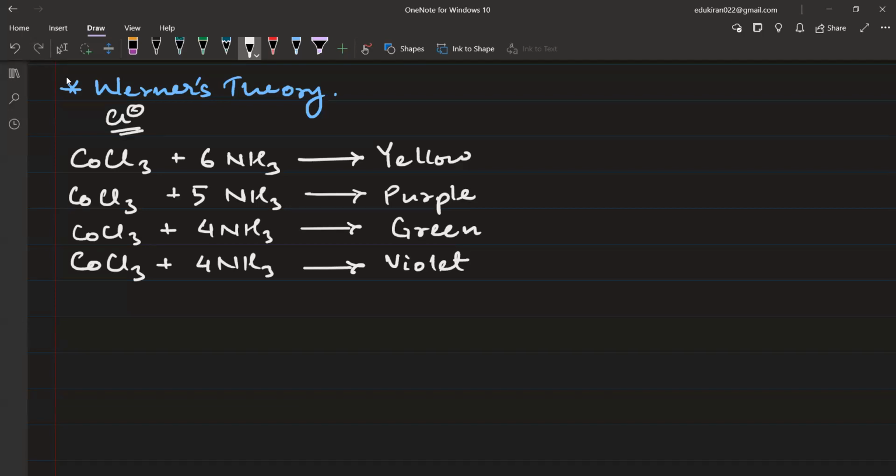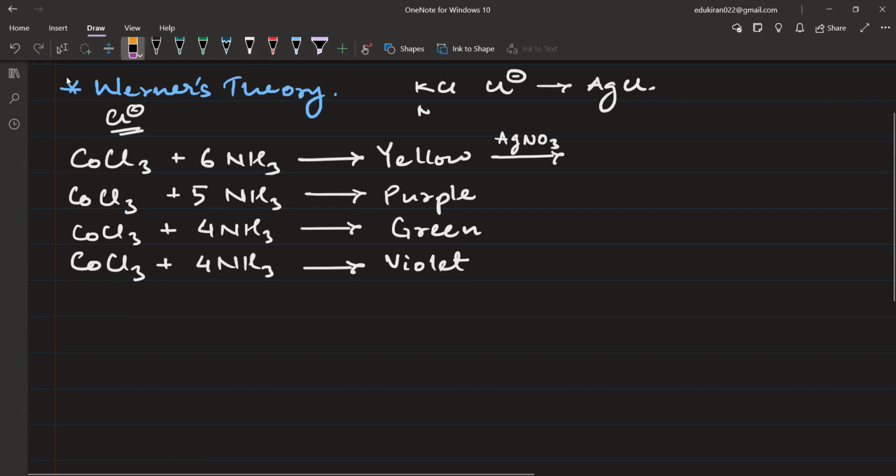So he said, let me react this with AgNO3. Whenever you have anything, for example KCl or NaCl, or any Cl negative, AgNO3 will react with it and form AgCl.